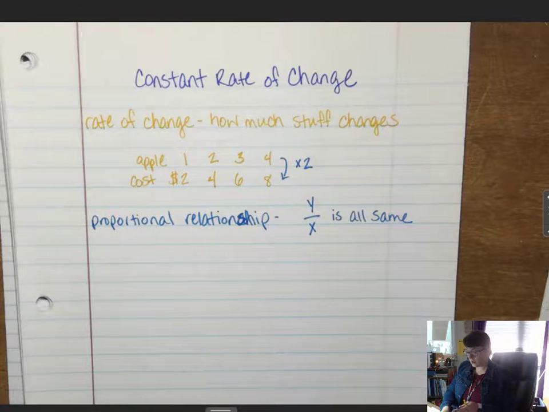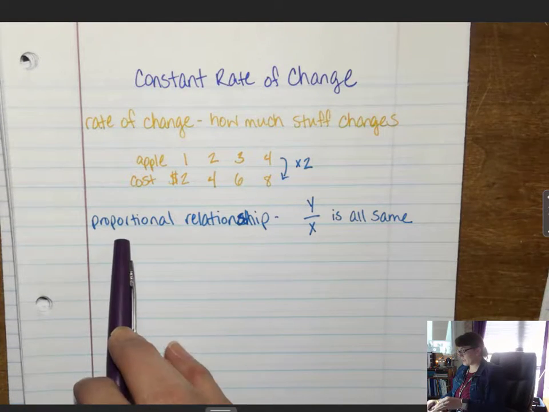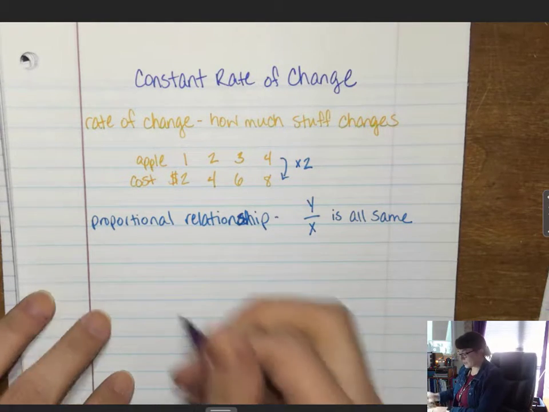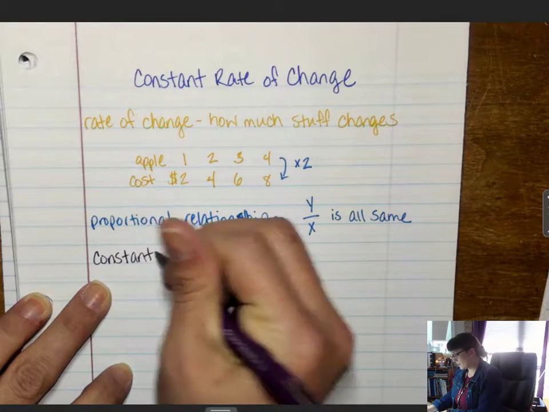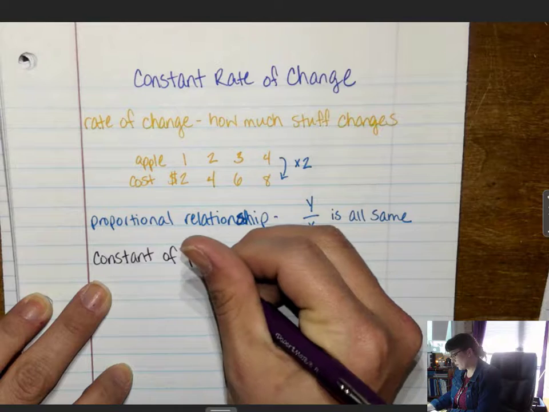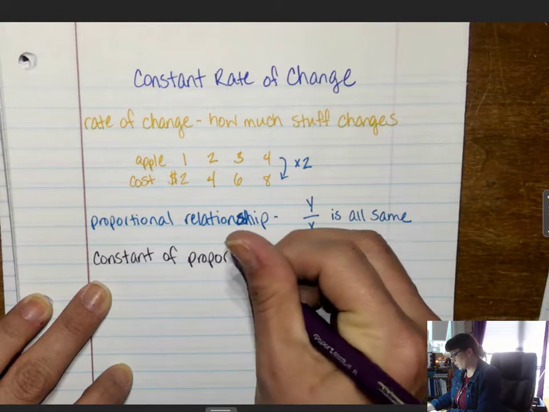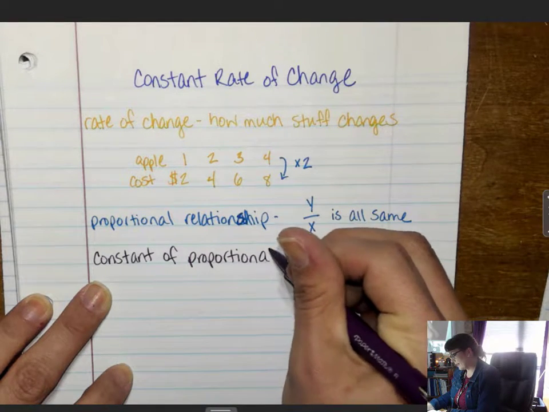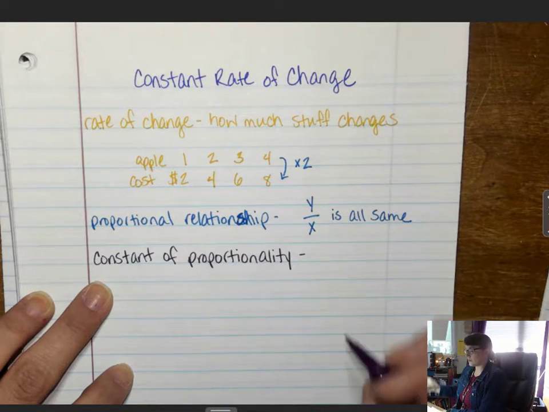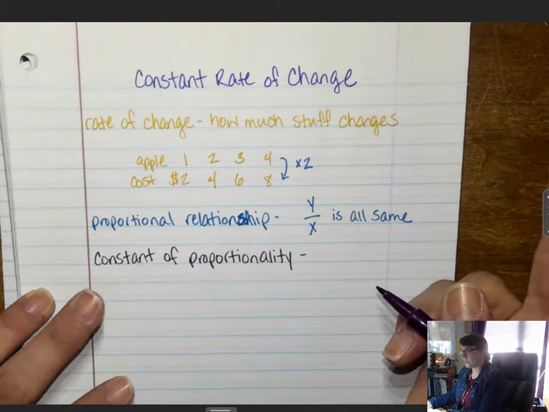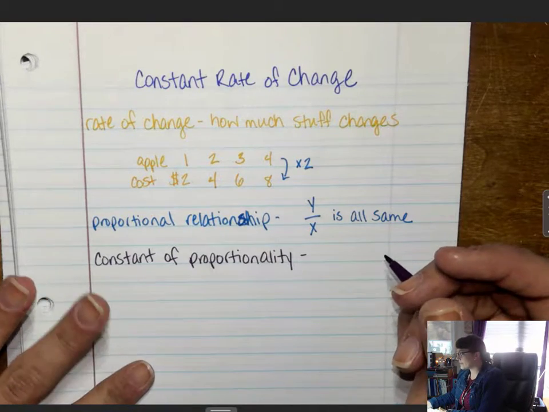Now, when something is proportional, you have what's called the constant. Constant of proportionality, which is, we've called it unit rate.